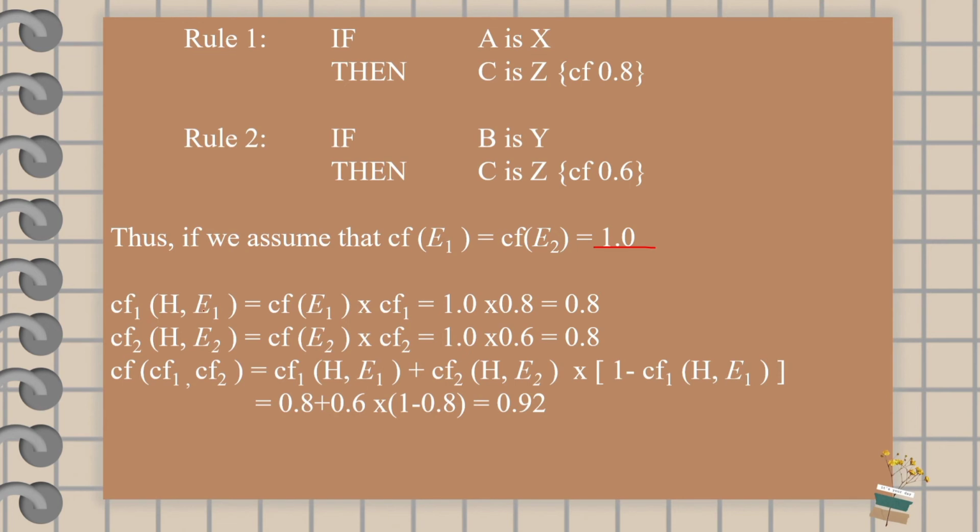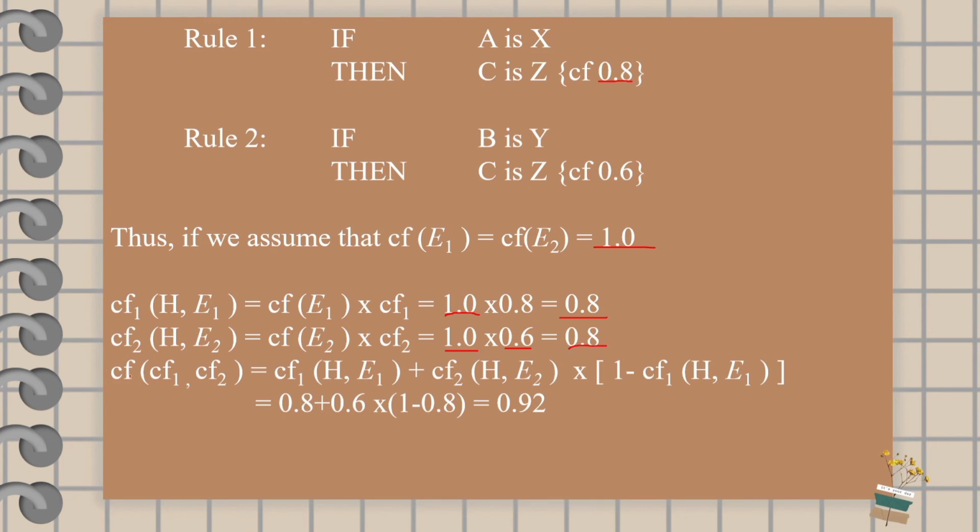CF of hypothesis given evidence 1 equals CF of evidence 1 times the CF1. This is the formula and we're going to substitute it. The CF of evidence 1 is 1.0 times 0.8, the certainty factor of rule number 1, so equals 0.8. Then the certainty factor 2, also 1.0, the CF of evidence 2 times the certainty factor of rule number 2, and the result is 0.8.